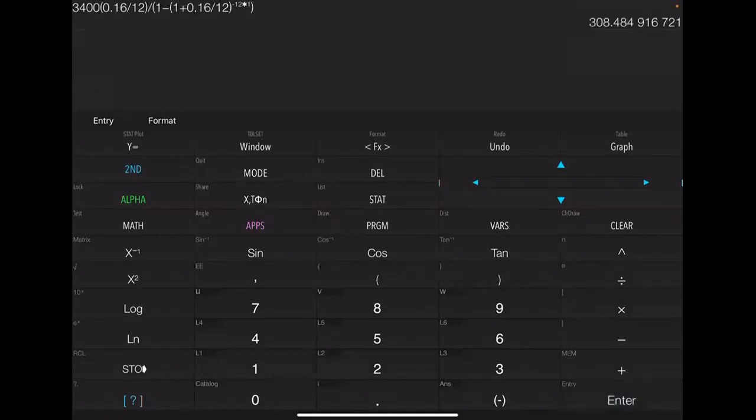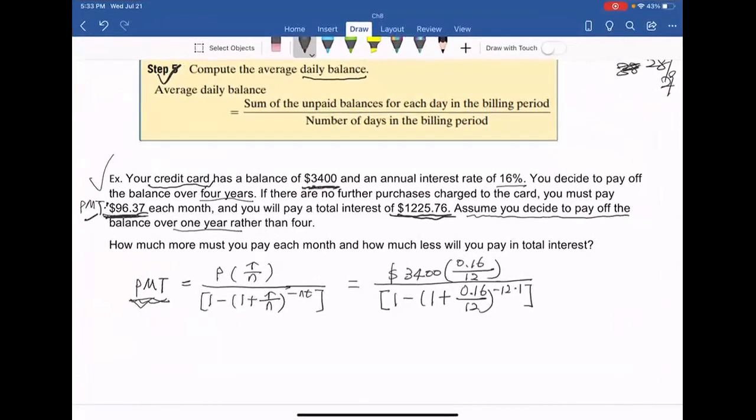It is 308.4849 something. So it's approximately dollar sign 308.48. So this is the PMT I paid for each month if I want to pay off the balance over 1 year. You can compare this PMT and this PMT.